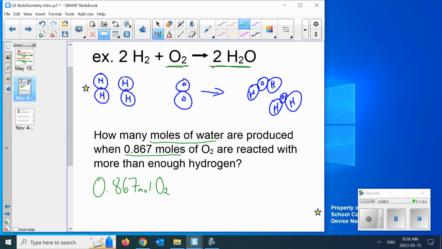So we're going to do that as a mathematical ratio. It doesn't matter if it's 1 oxygen or 1 mole of oxygen, same ratio. What do we want to get rid of? We want to get rid of the chemical oxygen, so we're going to put O2 on the bottom. We want information about water, how many moles of water from the sample, so we put the H2O on the top.